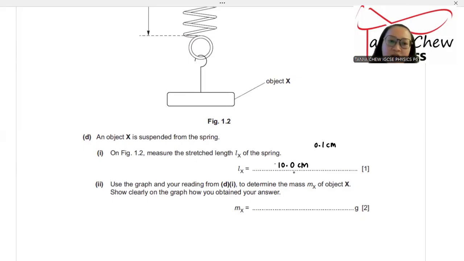Now, the second one, use the graph and your readings from D part 1 to determine the mass mx of object X. Show clearly on the graph how you obtain your answer. So when the length is equal to 10 cm, you have to look at the graph to determine your mass.